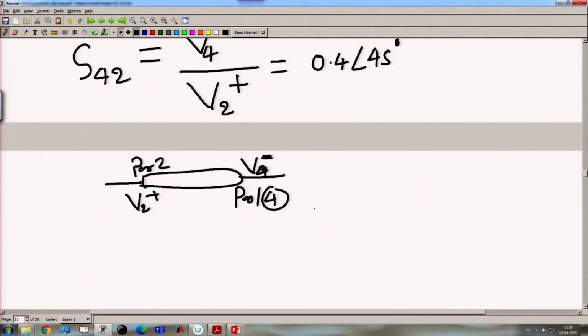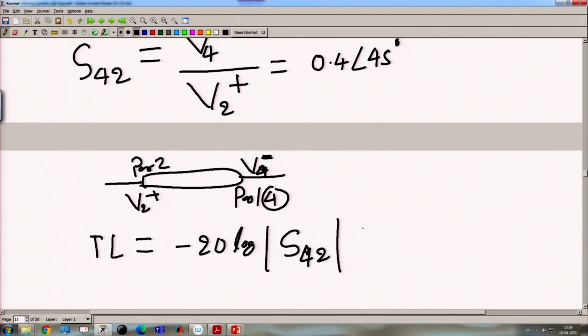So, the insertion loss will be minus 20 log of mod of S42, equal to minus 20 log of 0.4.